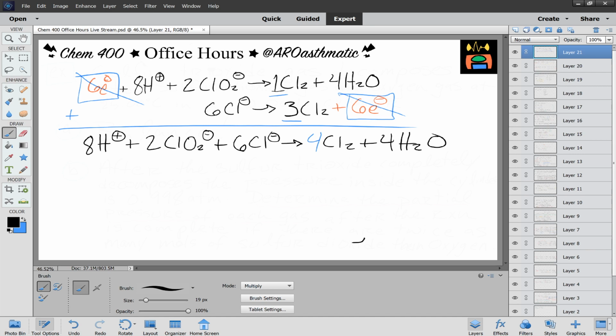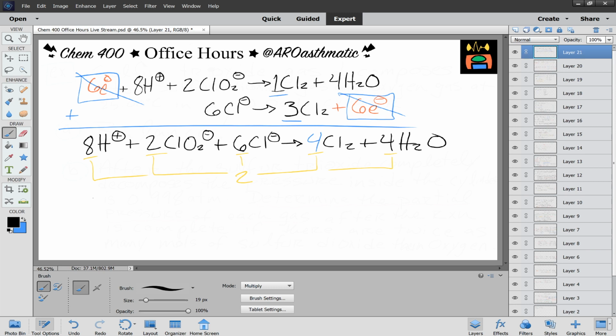Now, looking at this balanced chemical equation, it is balanced, but it's not our final answer, because every stoichiometric coefficient here has a common factor of 2. So we need to factor that out, because a balanced chemical equation has the simplest whole number ratio between reactants and products.